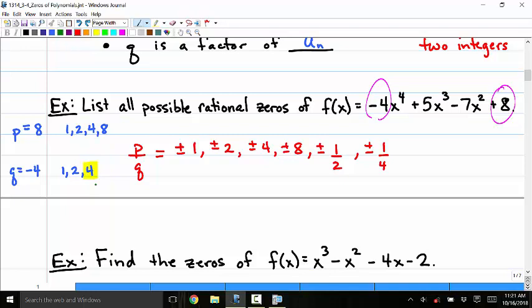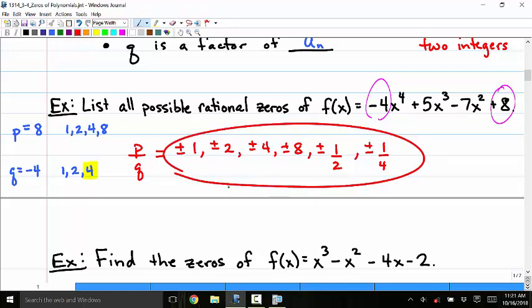So if that polynomial has rational zeros, it has to come from this list. Those are the only numbers where the x-intercepts could occur if the x-intercept is a rational number.